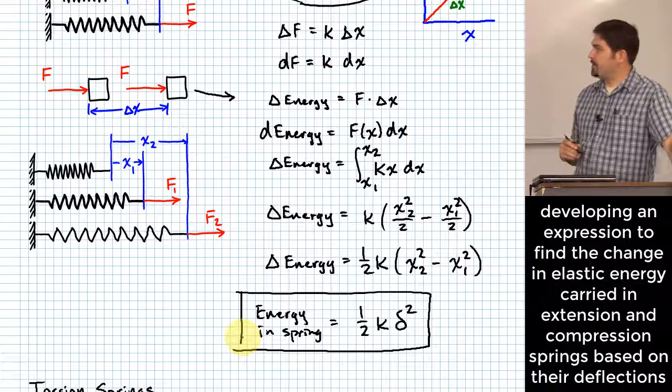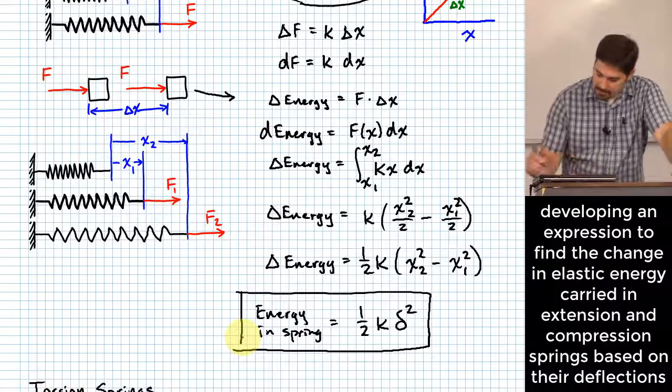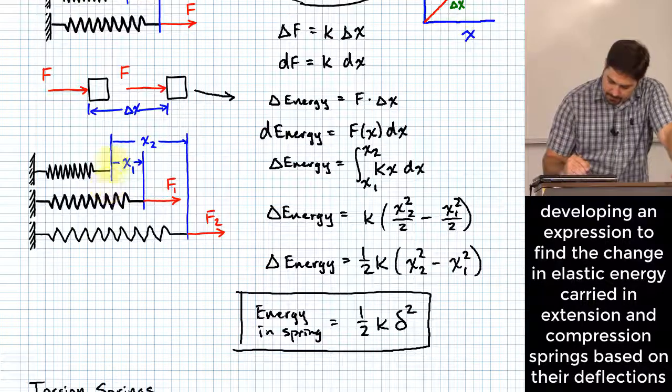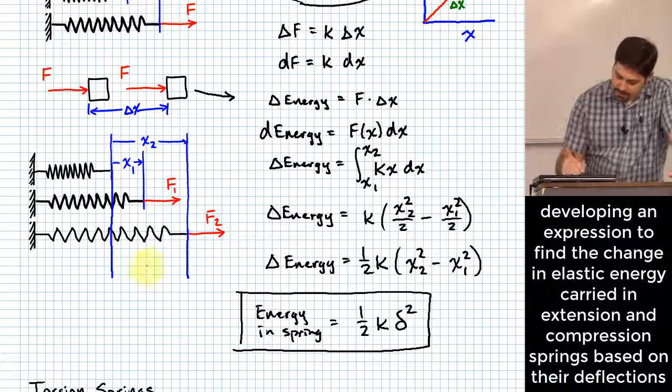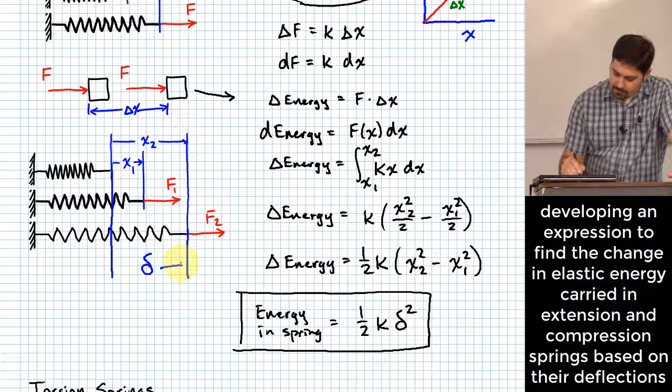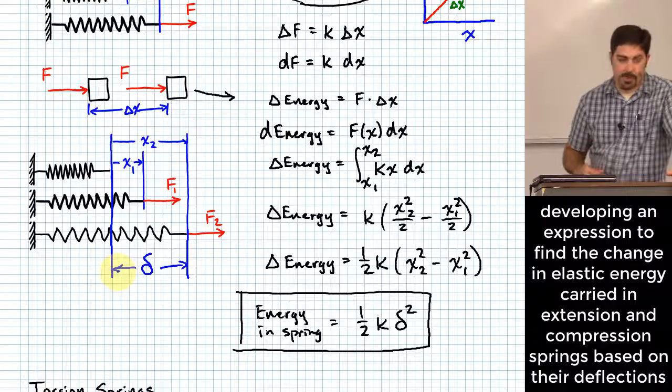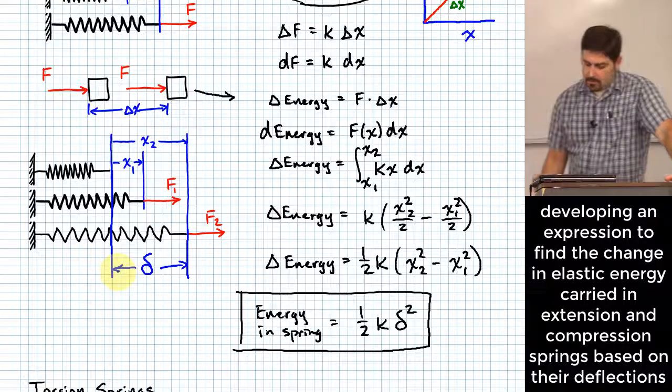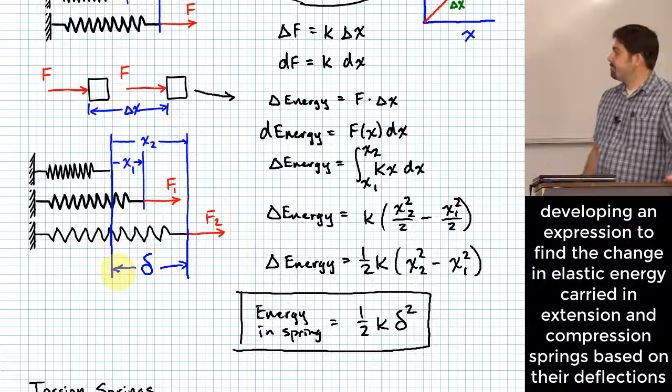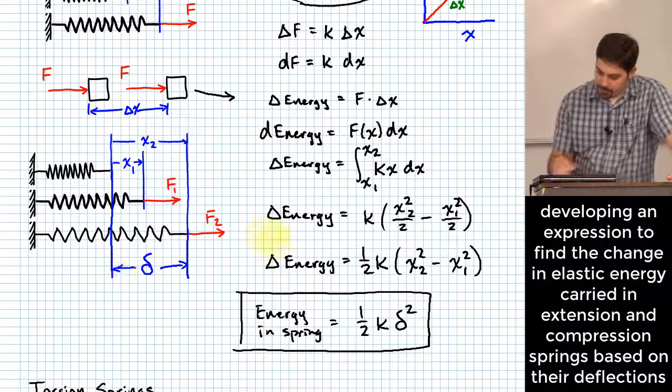That's the delta that you're talking about right there. So that would be like, let's say, between here and here. This would be the delta for the second case there, for F2. So anyway, both of these are useful.